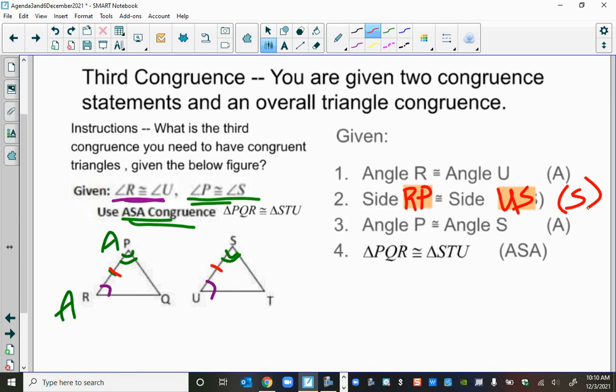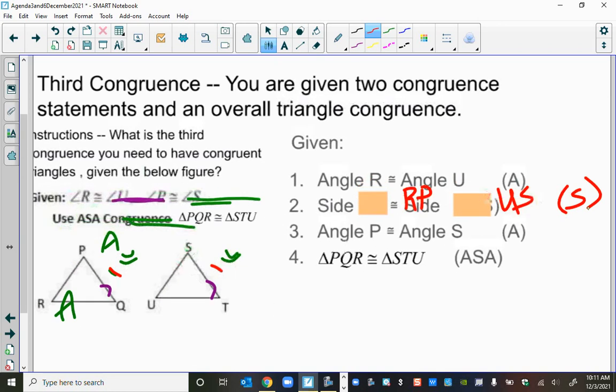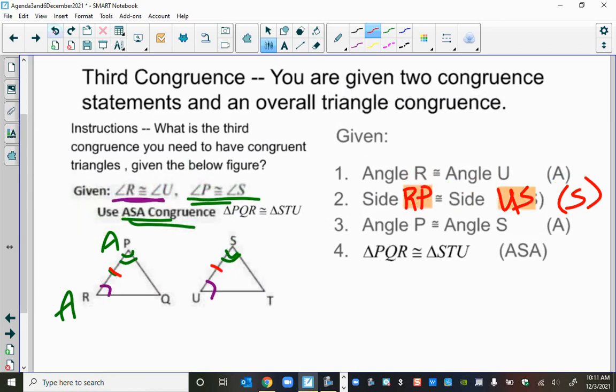All right, questions up to this point? Now, on your test, you're going to get something similar, where I'm going to give you two. You have to look at congruence to give me the missing parts, whether it's an angle or a side.